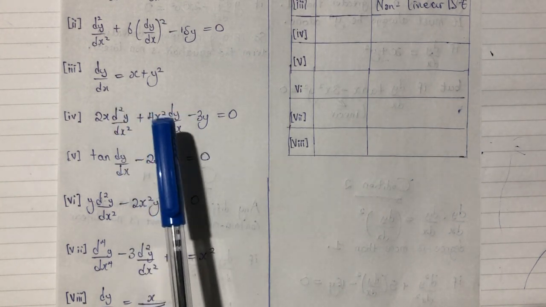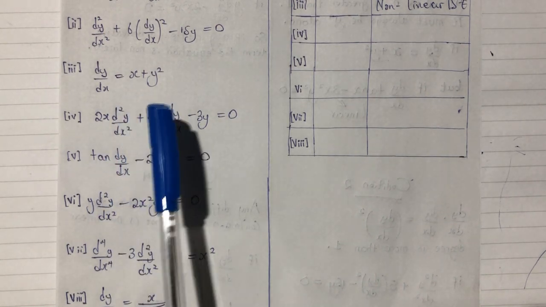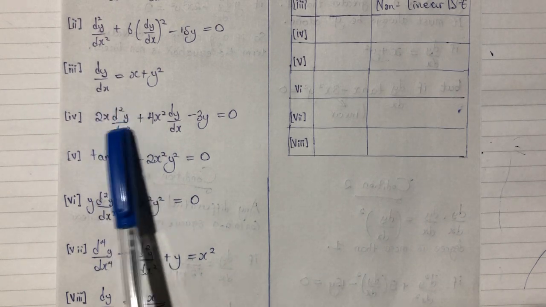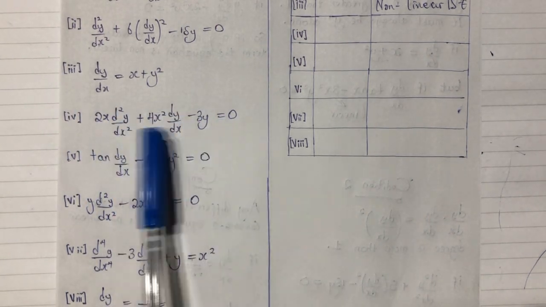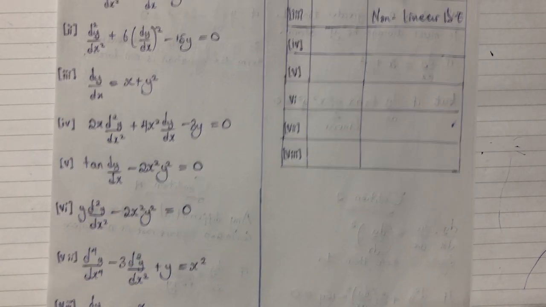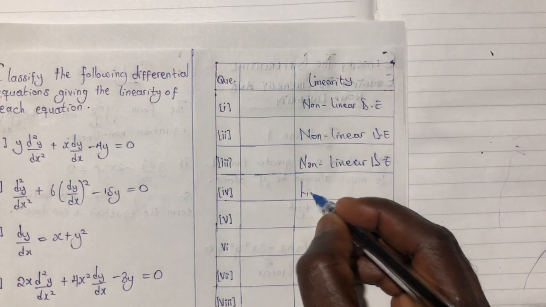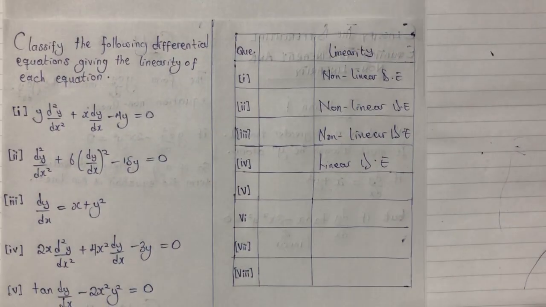The condition is supposed to be y squared or y cubed and above. When we look at here, there is no condition that we spoke of. So this equation, as we see, is a linear differential equation. So here I have linear differential equation.